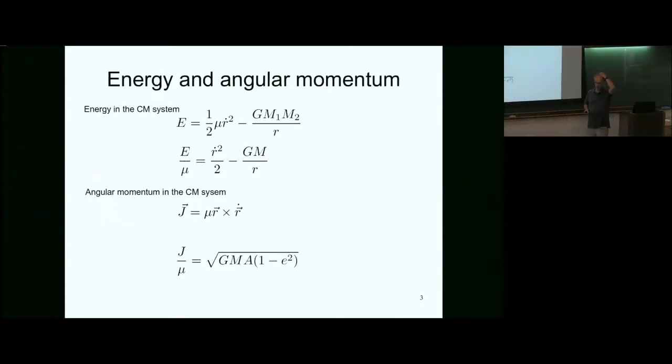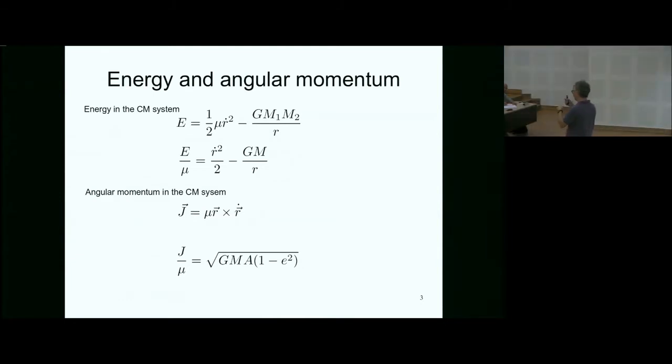So this is to remember the basic formulas that are important for the binary motion, for this system of two bodies moving around one another. You probably have solved it a number of times in physics or introduction to astronomy or whatever classes.